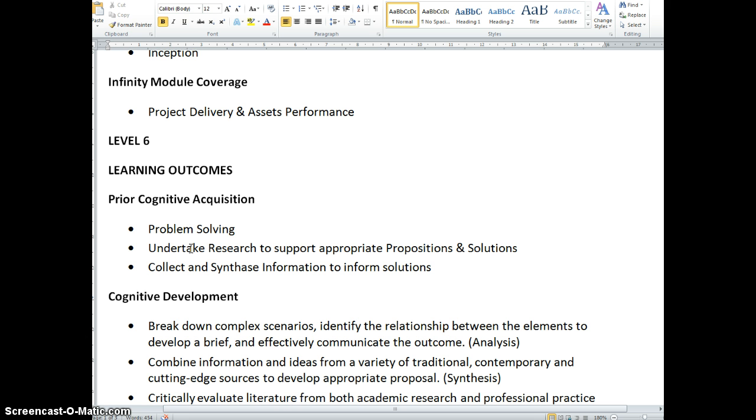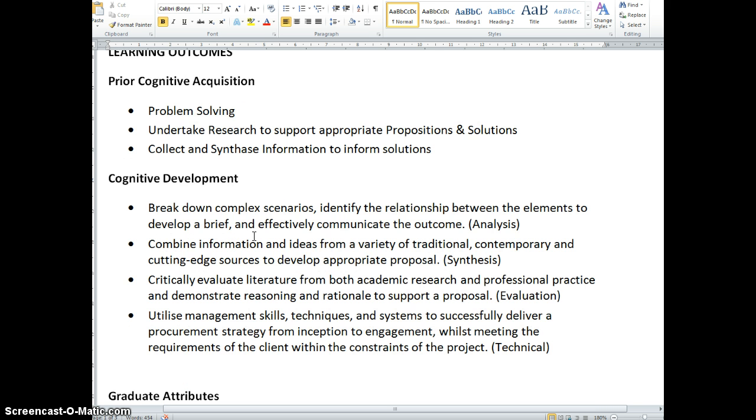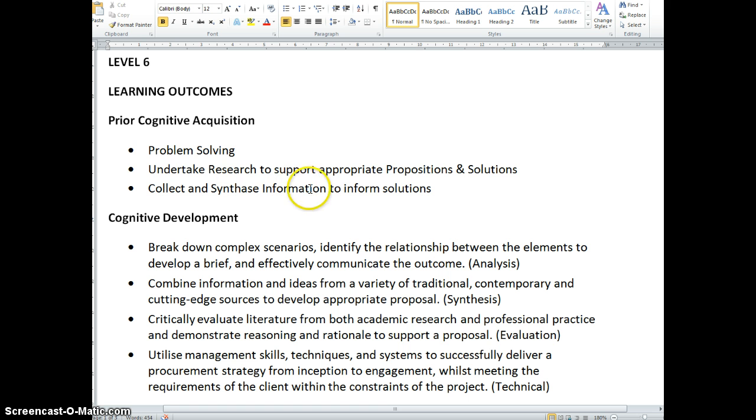Again, on the 10th of September we will expand these out, but I've put these in to look at them. So you may want to think about what you're looking for at level 5s. You may want to expand them out for everyone doing level 6 and even level 4s. This is what the expectation is that the student will have before starting this particular module in terms of their cognitive development.